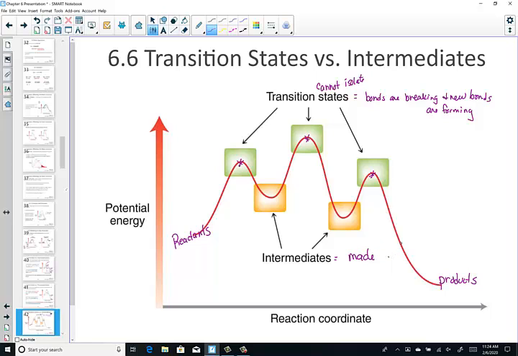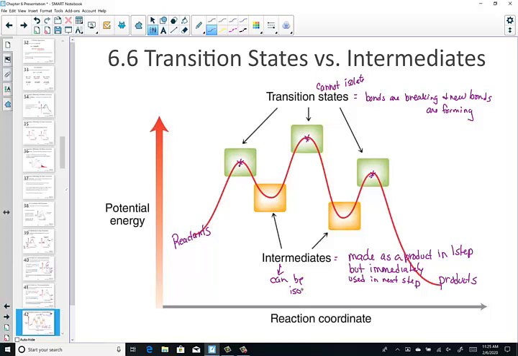So I'll say made as a product in one step, but immediately used as a reactant. Intermediates can be isolated.